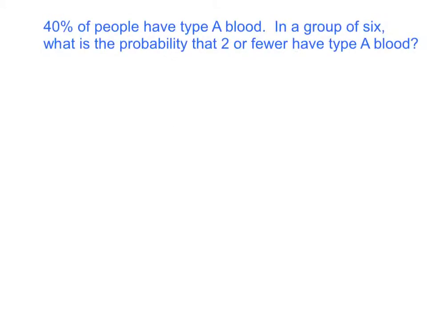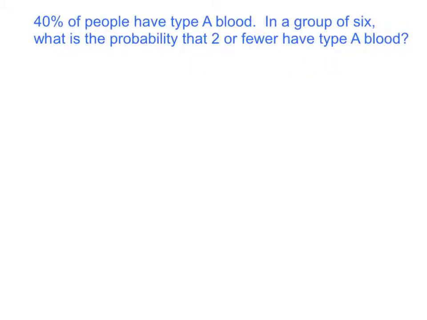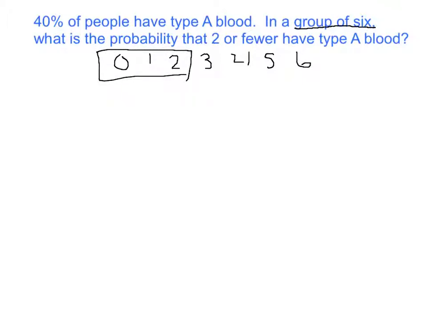Now when I'm reading this question, the first thing I notice is it says in a group of 6. So that tells me it's a binomial question, and it says what's the probability that 2 or fewer have type A blood. So I could have 0 or 1 or 2 or 3 or 4 or 5 or 6 people have type A blood. 2 or fewer is these numbers, and so this first one can happen in 6 choose 0 ways.